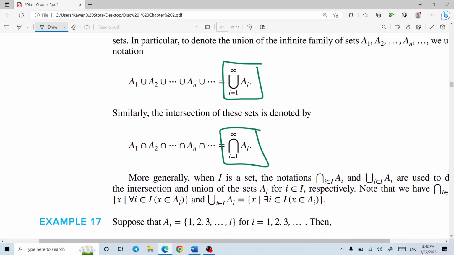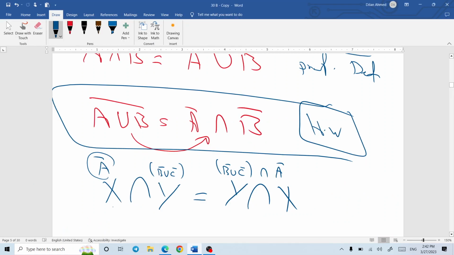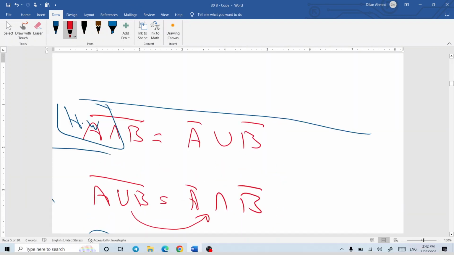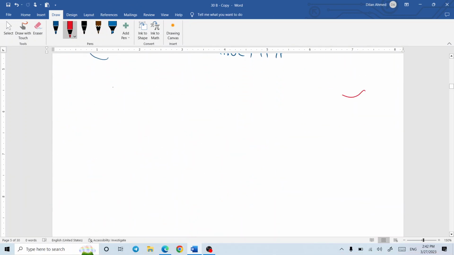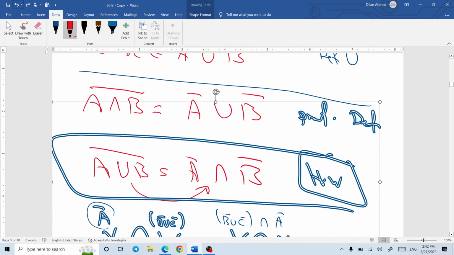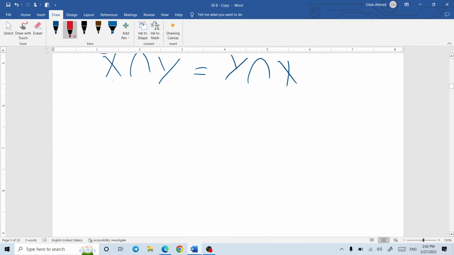Here's the example. But look at the example carefully. It's not like the previous one. We have A_i equal to 1, 2, 3 till i.